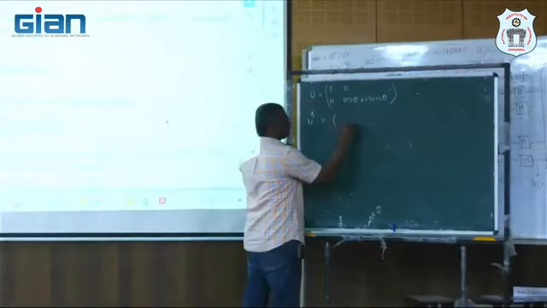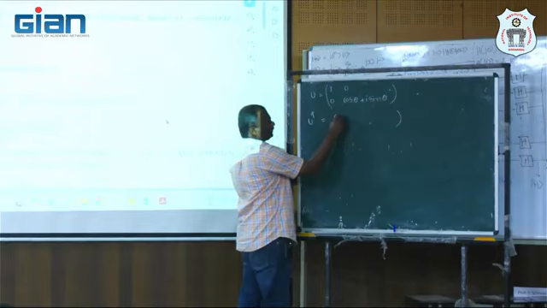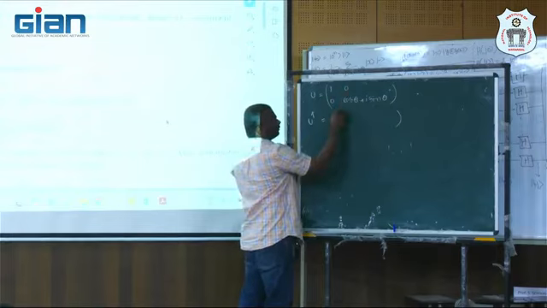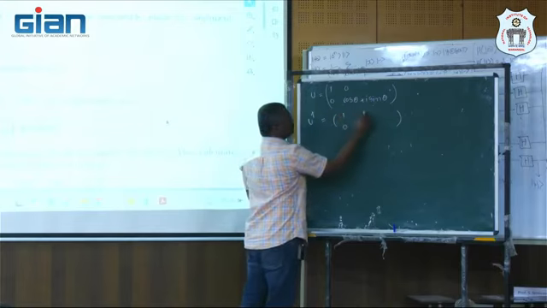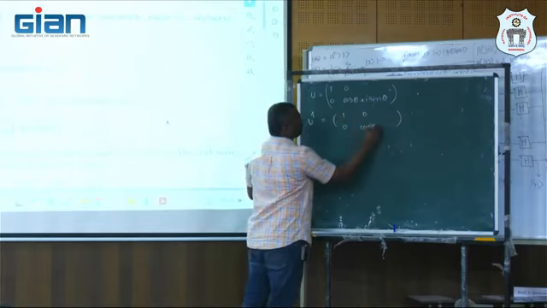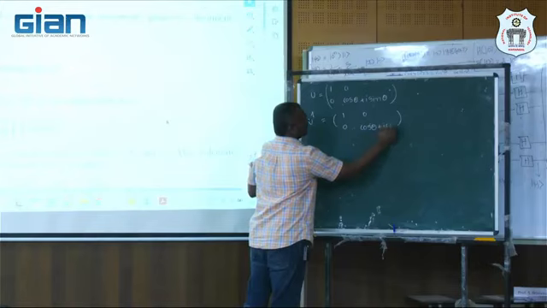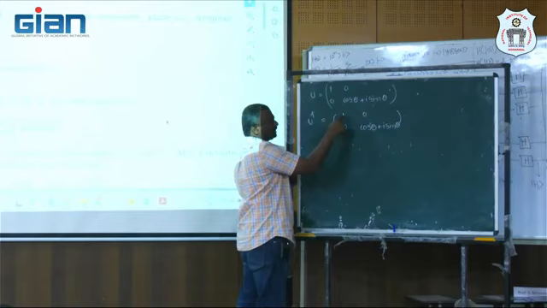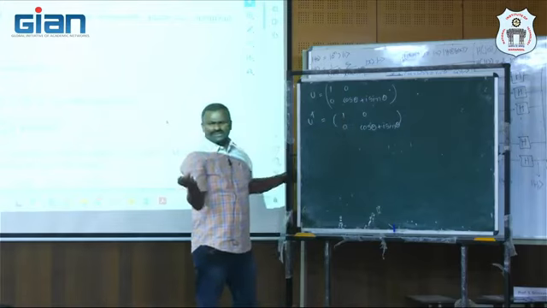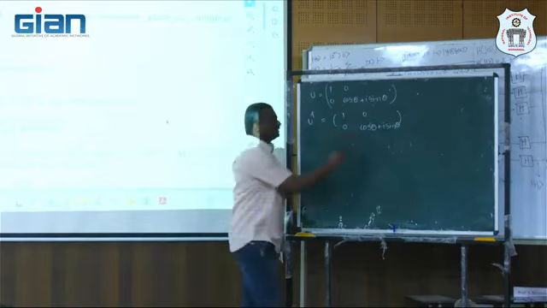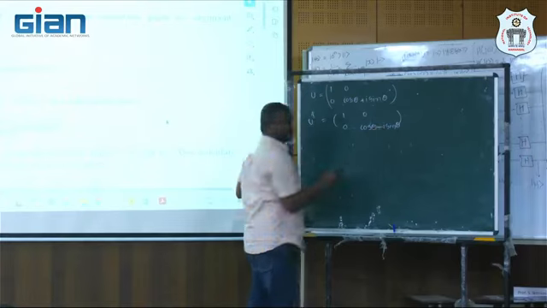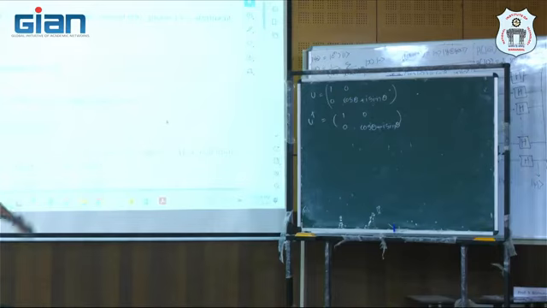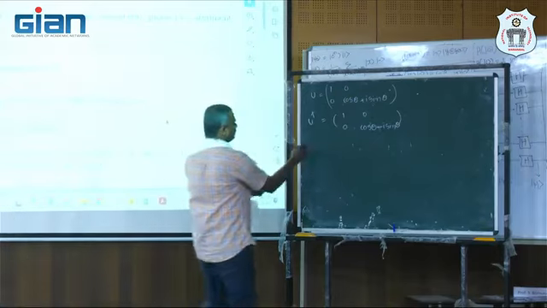What is transpose of this? 1 0 0 cos theta plus i sin theta. This is transpose, but conjugate transpose, no. What is conjugate transpose of a real number? No change. But this it changes: a plus ib becomes a minus ib. That's all. Now normal multiplication only. You multiply and check.